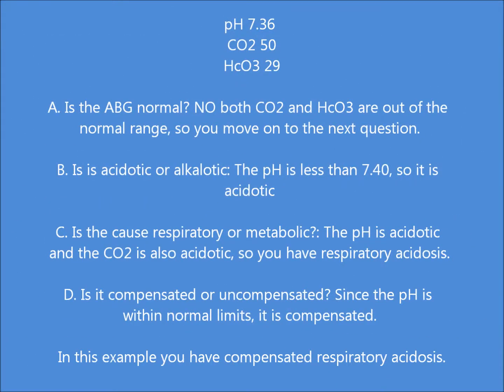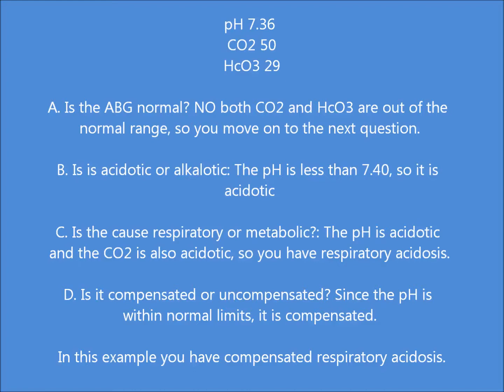Now we have a pH of 7.36, a CO2 of 50, and an HCO3 of 29. Is the ABG normal? No, both the CO2 and the HCO3 are out of the normal range. So we must move on to the next question.